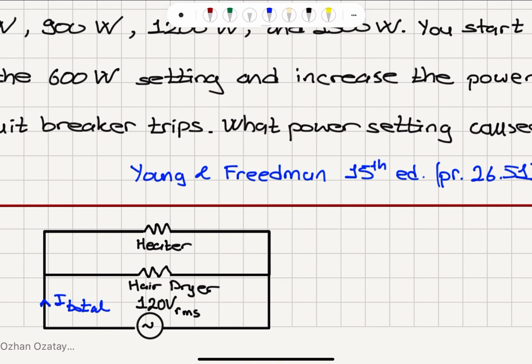Because this electric heater and hair dryer are connected to the same outlet, they are connected in parallel, and the total current that flows in the circuit will be the sum of the two currents passing through the heater and through the hair dryer.